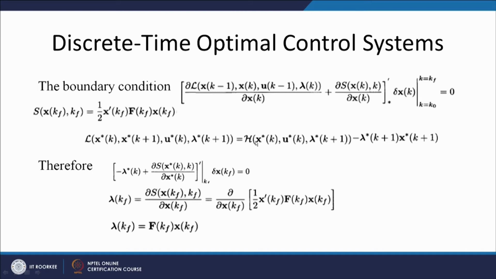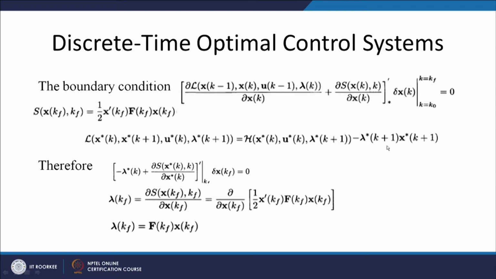Now L k is H of x k, u k, lambda k plus 1 and we have to differentiate L of k minus 1. So this means my H will be a function of x of k minus 1, u of k minus 1 and lambda k. Once I differentiate this with respect to x k, this term will give me the 0 value.